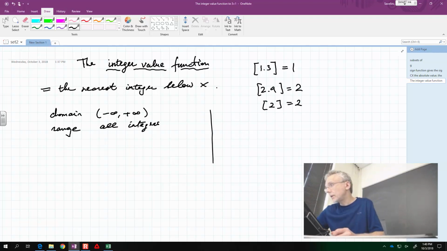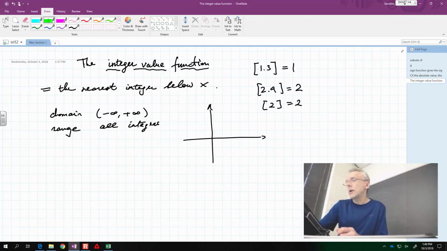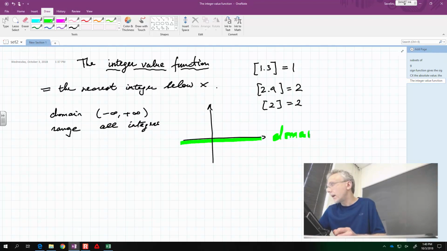In fact, before you start computing, you can plot both of them for extra experience. This will be the domain on the x-axis, and then you plot the range on the y-axis, like this.